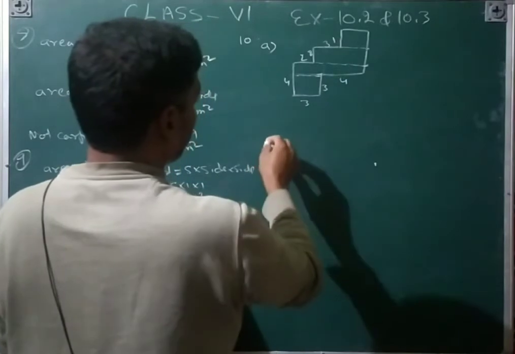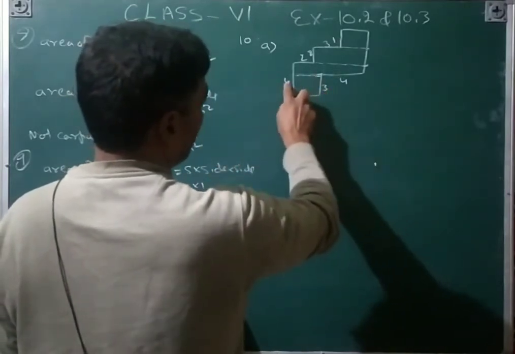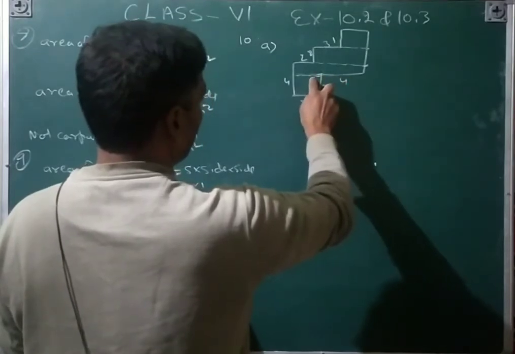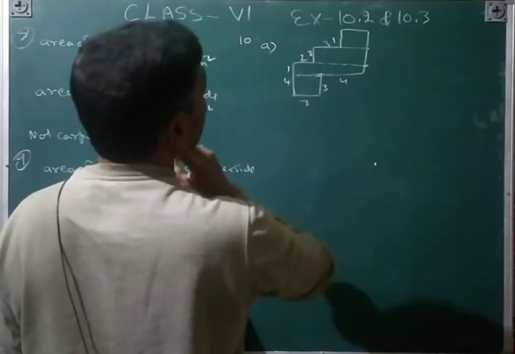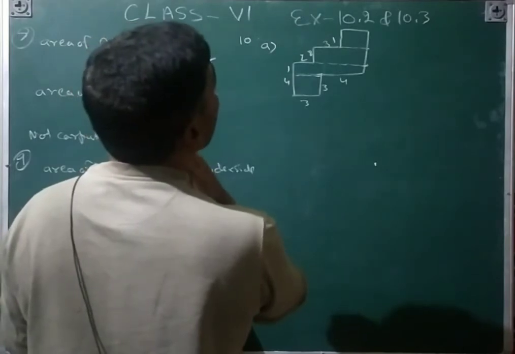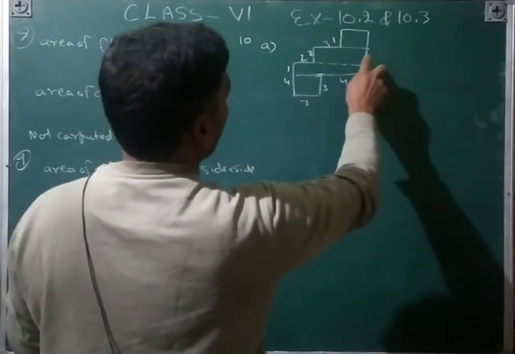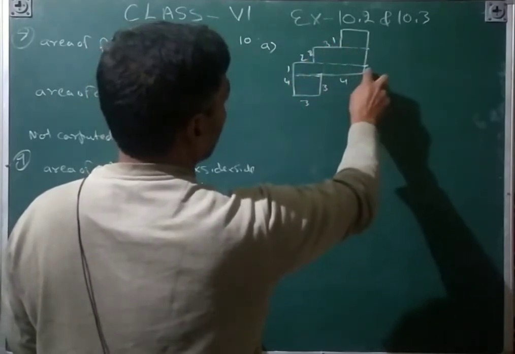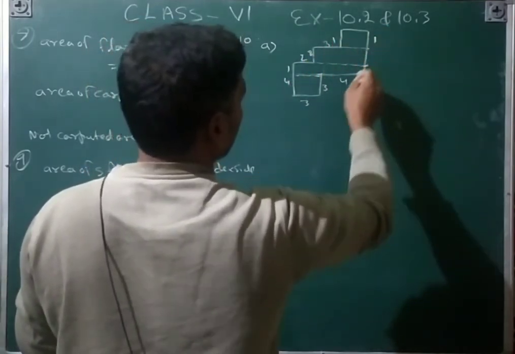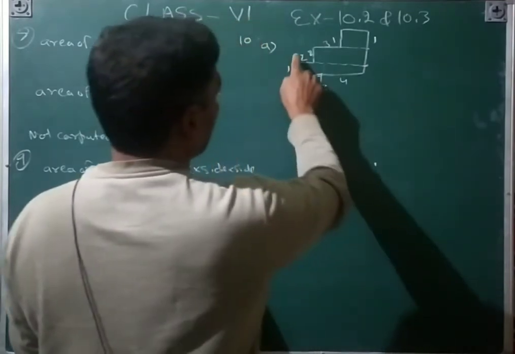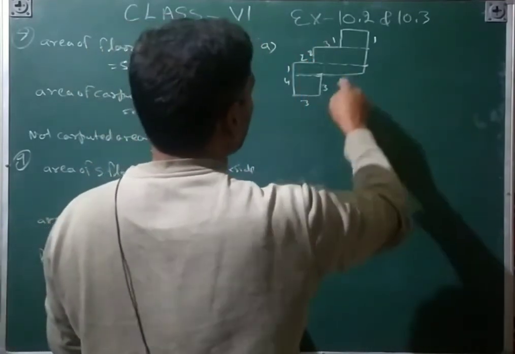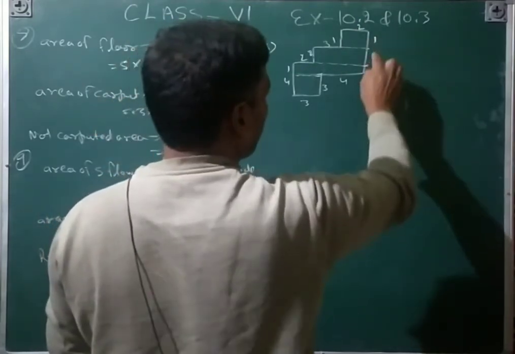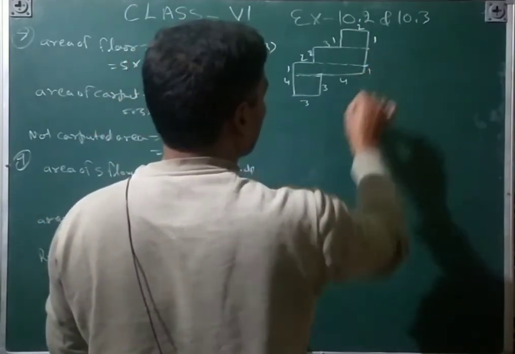And then area of this one, this will be 4 into 3, and this will be 7 into 1, or this area will be 2, and then 1, and then this will be also 1.